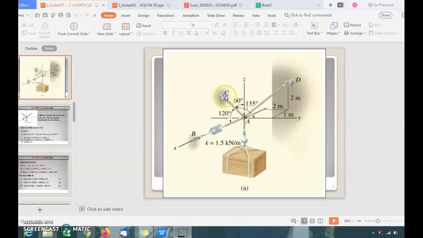So for FC, if you want to change it to vector form, you need to find each component for each axis. Let's say for FC, if you want to find the force in the x-axis direction, you need to take FC cos 120. In the y direction it is the same thing, you need to cosine the force, and the z also the same.